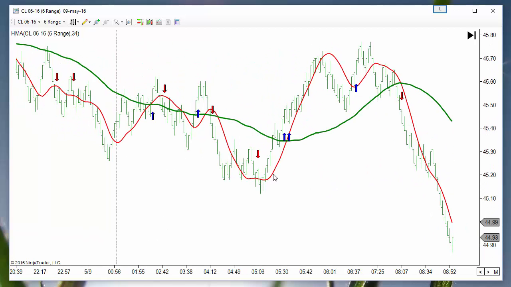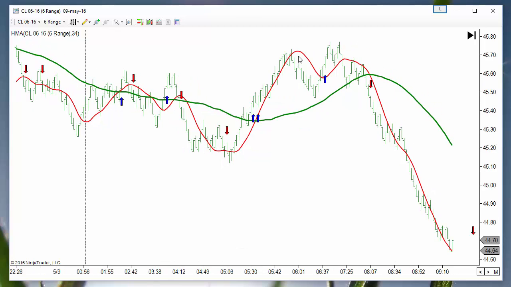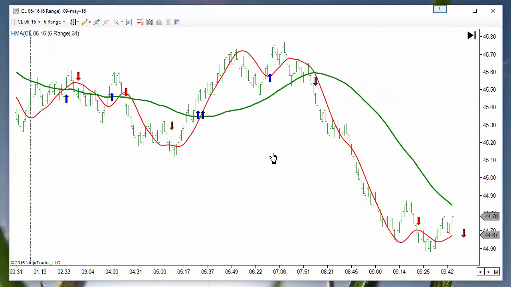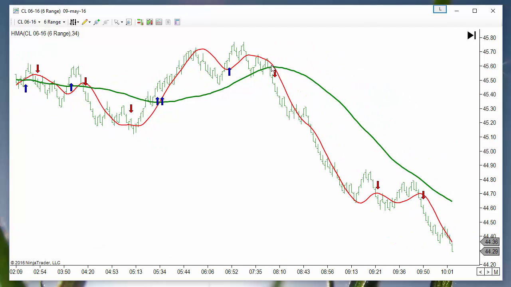So for example, from the bottom, at this moment both slopes are positive, so we get the first arrow. No more signals until here, where the red has negative slope, and then the next time that both slopes are positive, we get another long signal.